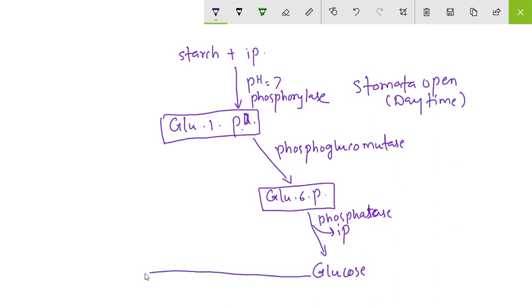During the night time, what happens? There is only respiration, there is no photosynthesis.